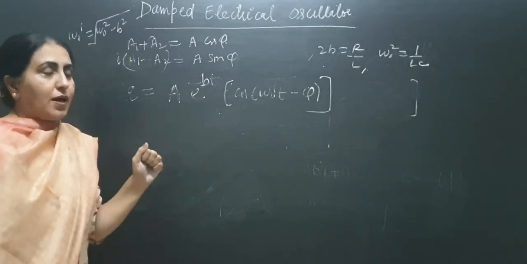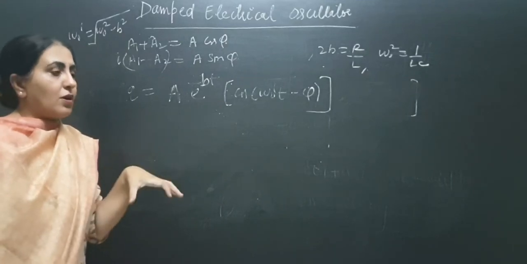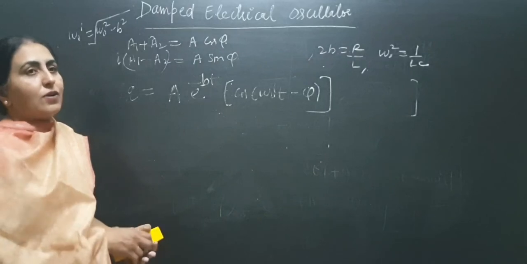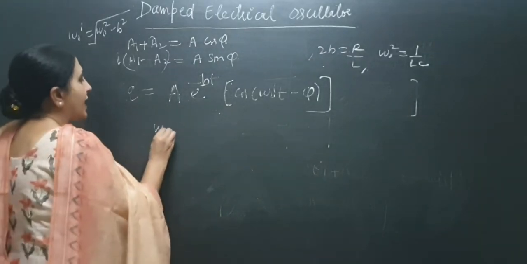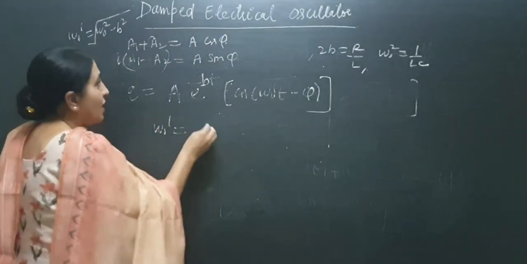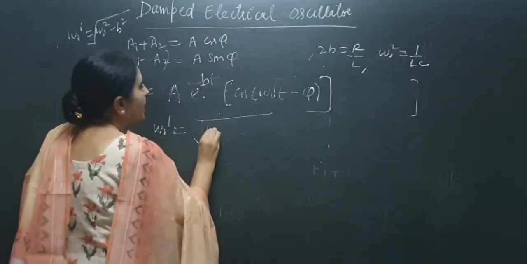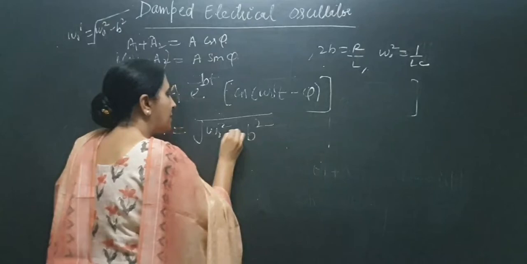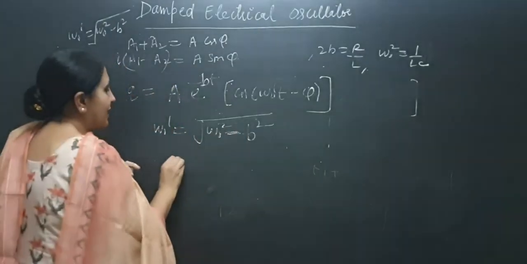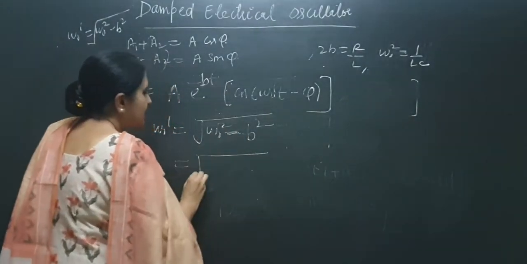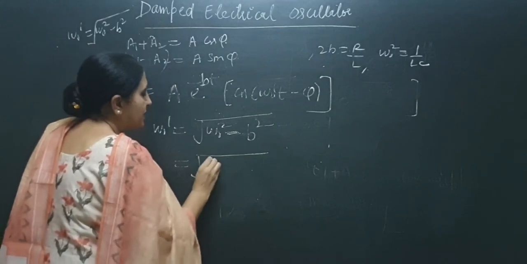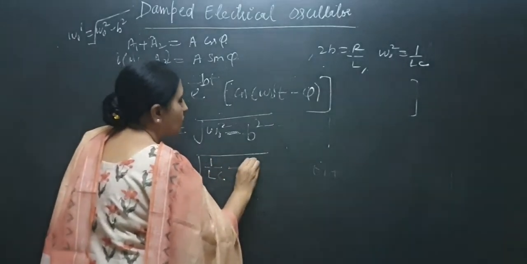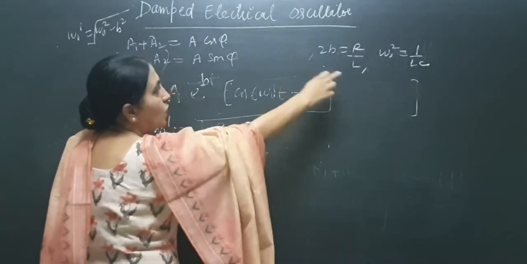Also, in the case of under damping, the oscillator oscillates with frequency omega naught dash, and omega naught dash is equal to under root of omega naught square minus b square. Same value, but the value of omega naught square in the case of the electrical oscillator is 1 over LC, not S over M, and b is equal to R by 2L.